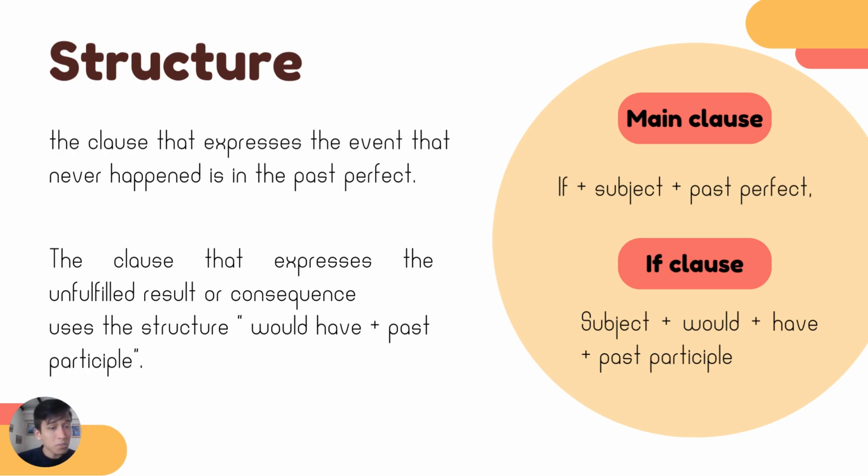As I said, we are going to work with past participles of the verbs, so you must know them. In the main clause, as I said, we have subject plus would plus have plus past participle, while in the if clause we have if plus subject plus the past perfect.